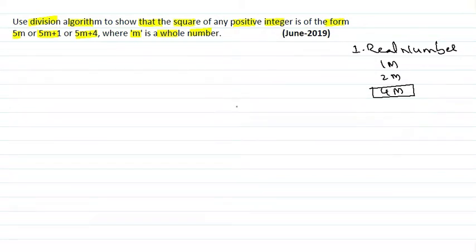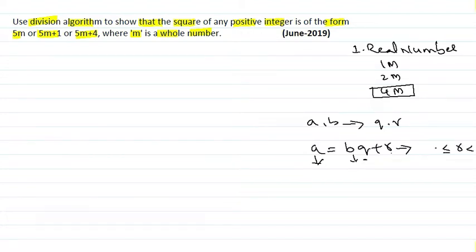The division algorithm states that given two positive integers a and b, there exists a unique pair of whole numbers q and r satisfying a equals bq plus r. Here a is the dividend, b is the divisor, q is the quotient and r is the remainder, and the condition for r is that r must be less than b and greater than or equal to 0.